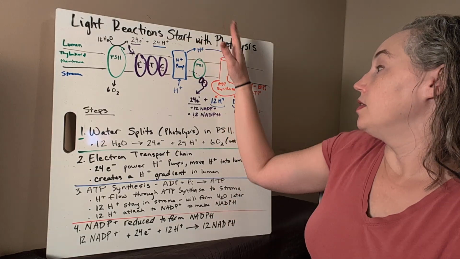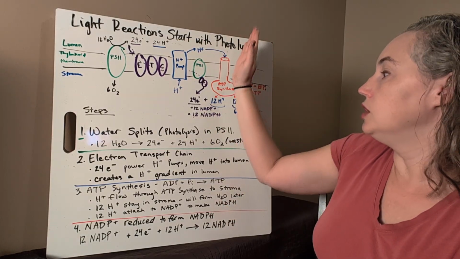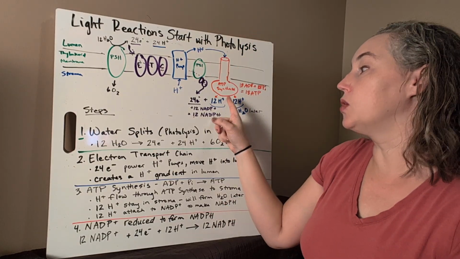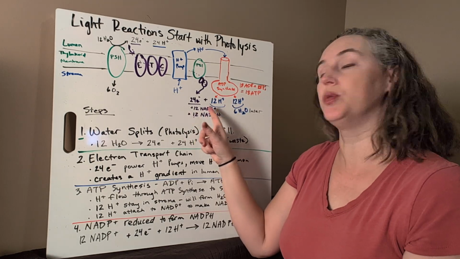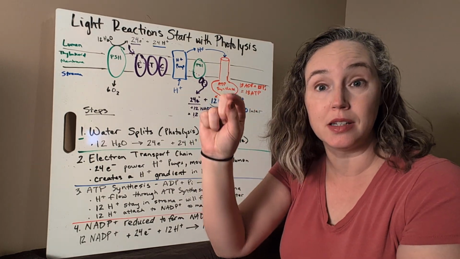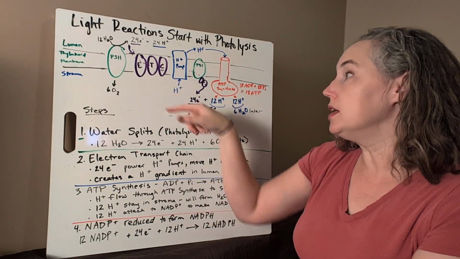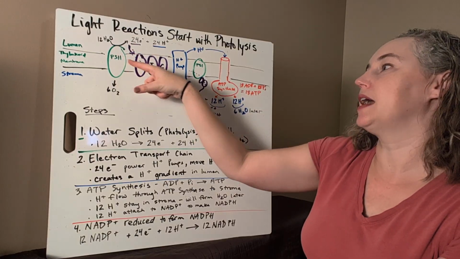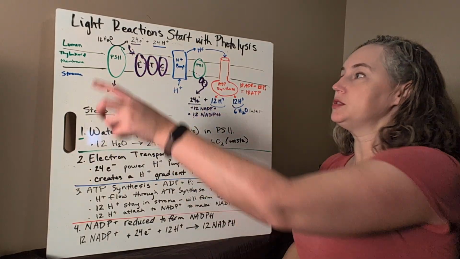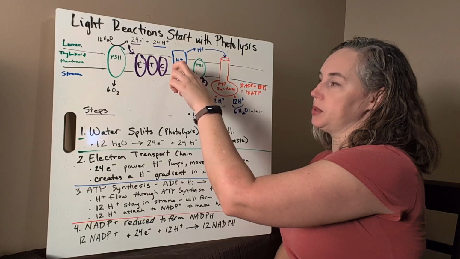Now, of those protons, 12 are going to stick on to a molecule called NADP+, along with the 24 electrons that have flowed through the electron transport chain and powered those proton pumps.